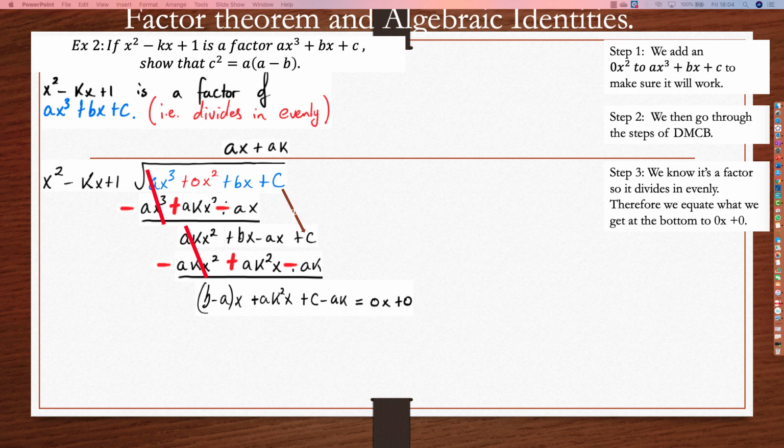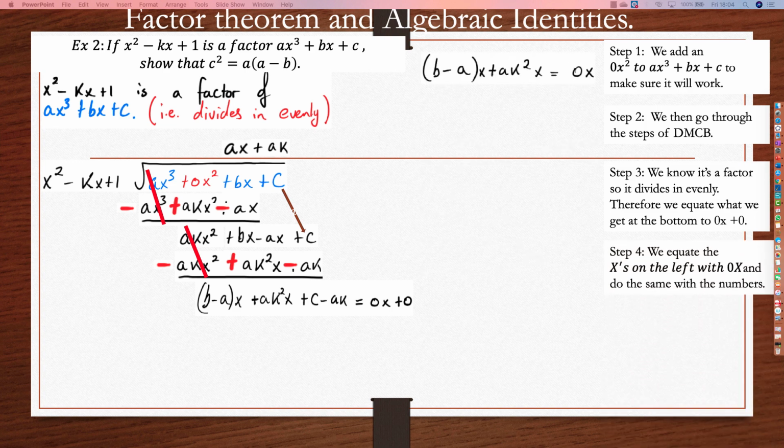And now we're back to our undetermined coefficients. We leave all the x's on the left equal to all the x's on the right, and you leave all the numbers on the left equal to all the numbers on the right. Is that okay? So we're going to say b minus a x plus ak squared x is equal to 0x. There's the first thing we mentioned.